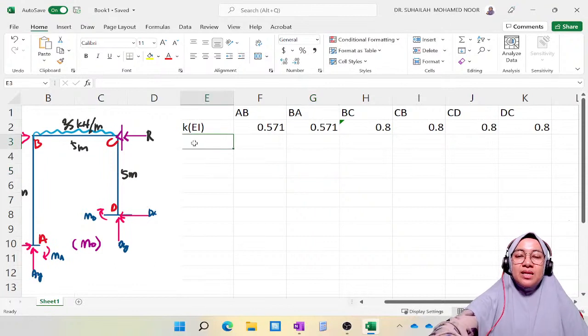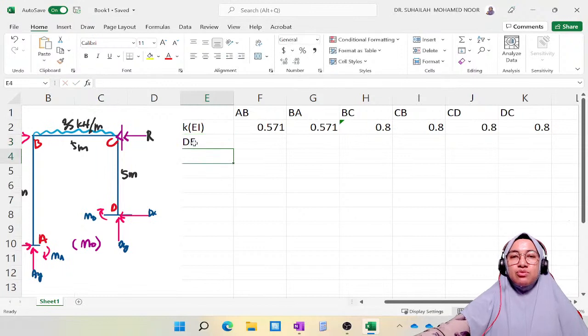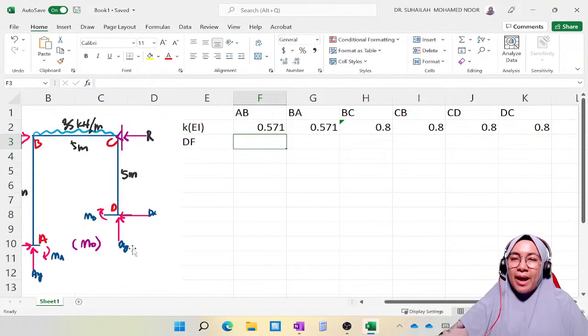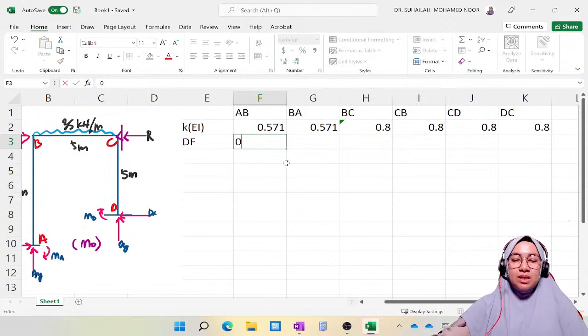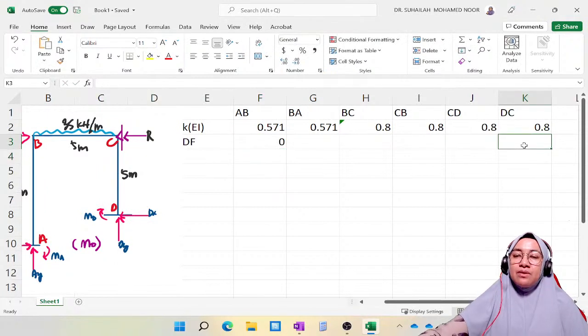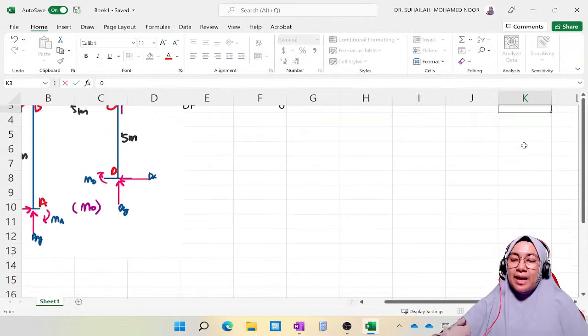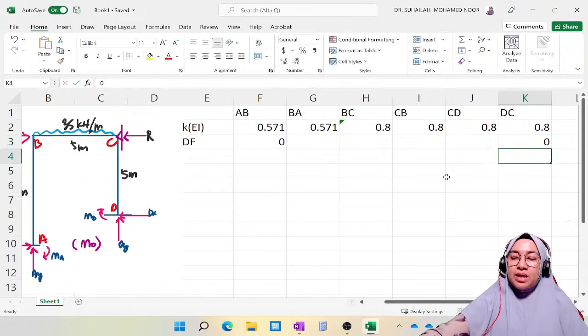Next after that is the distribution factor. To calculate the distribution factor, a fixed end is 0 distribution factor, and a pin is 1 distribution factor, and at each joint the total must be 1.